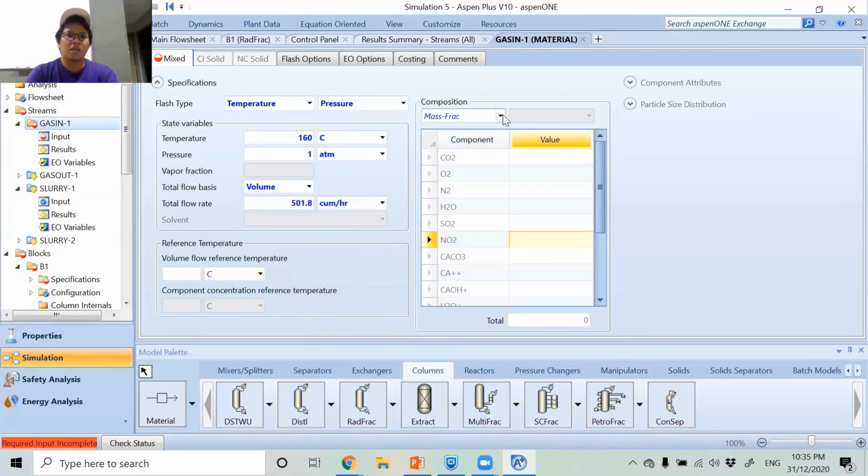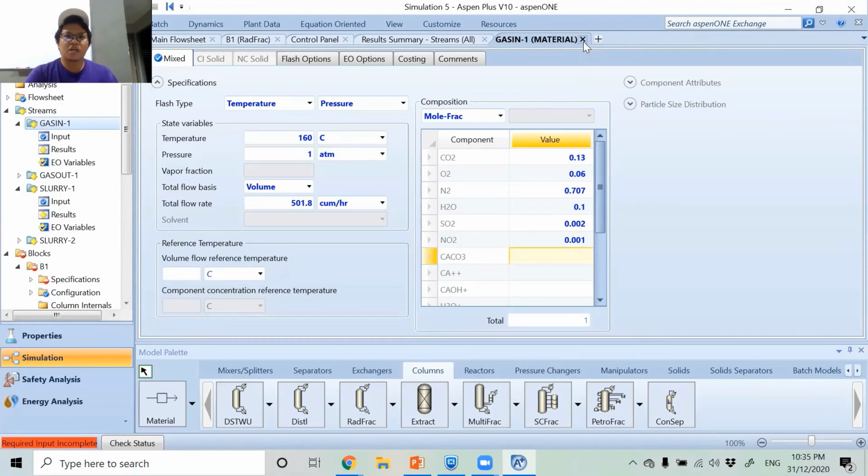Okay, and then I'm going to use the mole fractions. CO2 is 0.13, oxygen is 0.06, nitrogen is 0.707, water is 0.1, SO2 is 0.002, NO2 is 0.001.